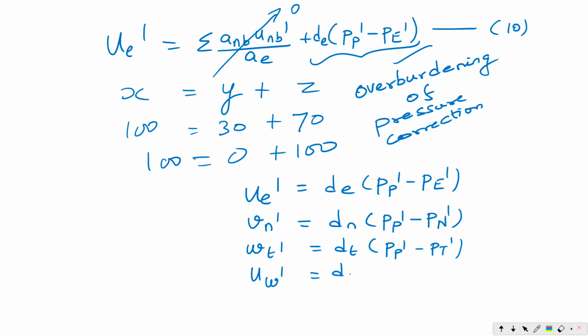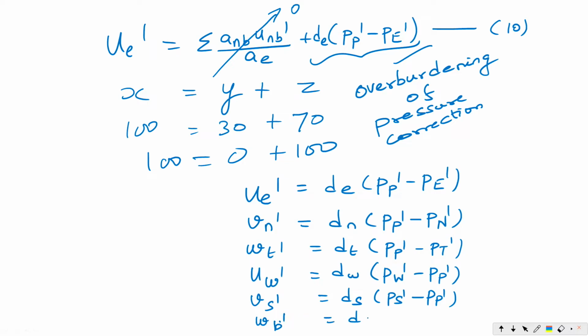It will be dW of, instead of Pp prime minus Pe prime, here it will be Pw prime minus Pp prime, and Vs prime will be equal to ds of Ps prime minus Pp prime. Similarly, Wb prime will be equal to dB of Pb prime minus Pp prime.